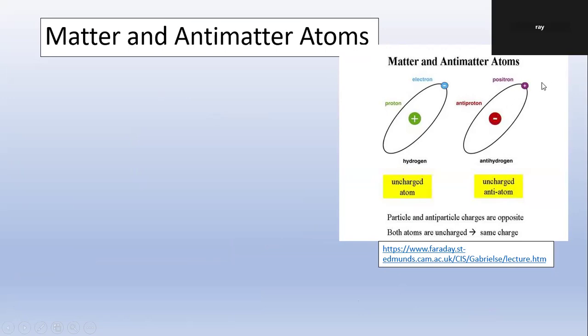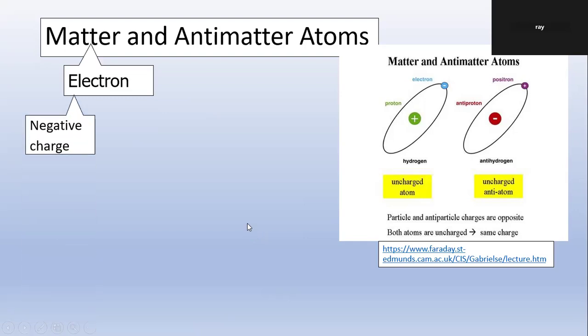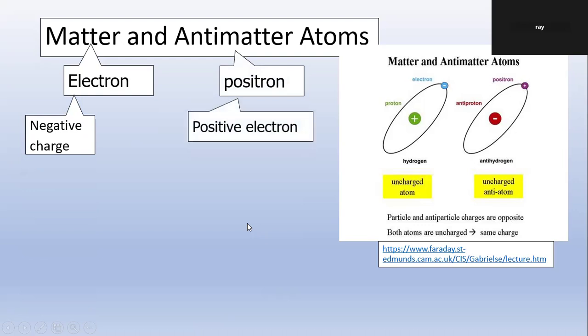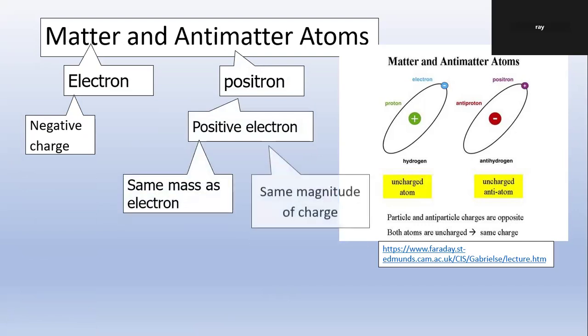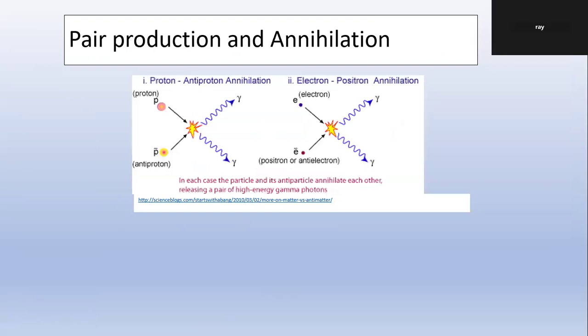Instead of an electron, it's a positron. Matter, electron, negative charge. Antimatter, positron, positive electron. Same as the electron, same magnitude of charge.